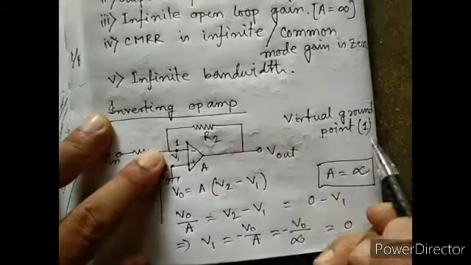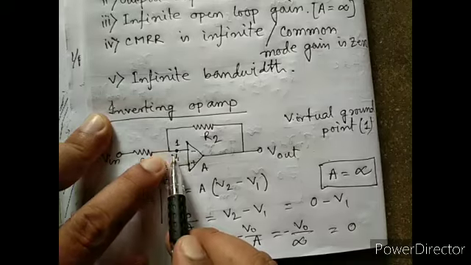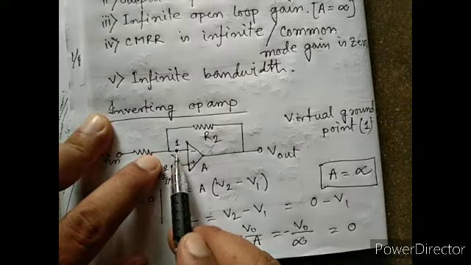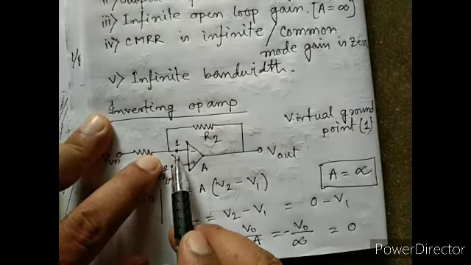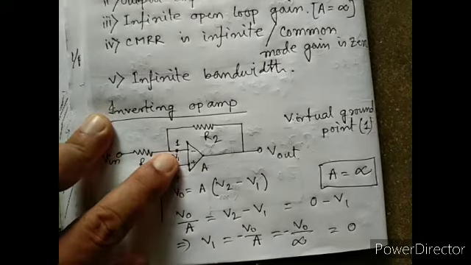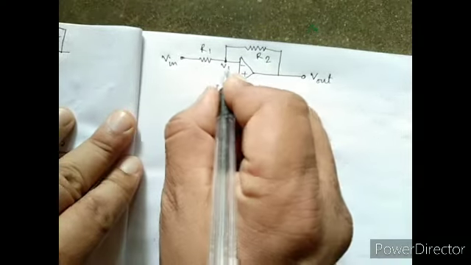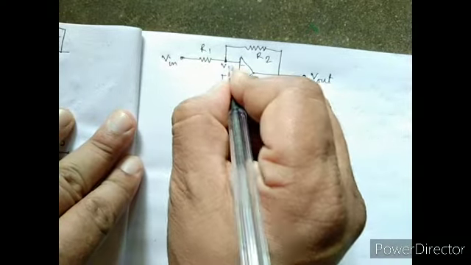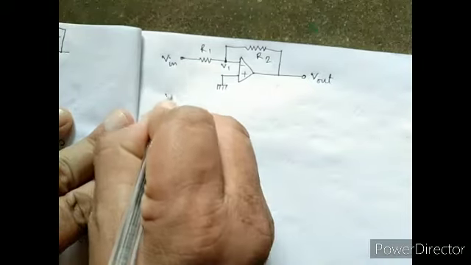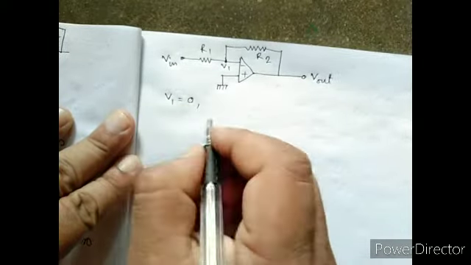So that terminal is called virtual ground terminal, as it is not directly connected to ground, but we have here the ground potential. Now V1 is virtual ground, so at V1 we get ground potential 0.